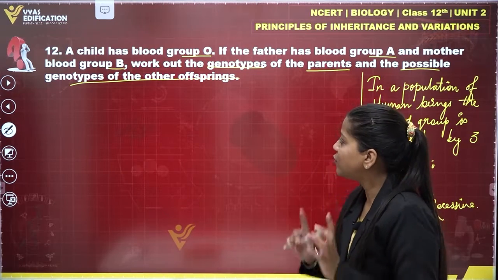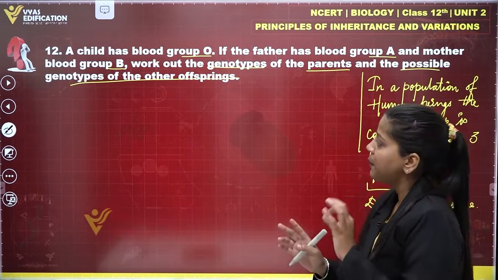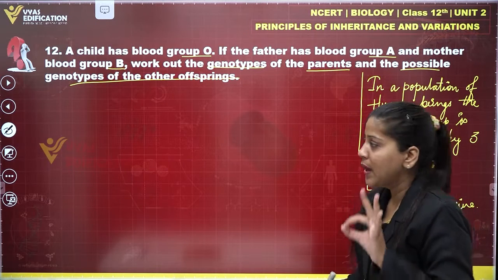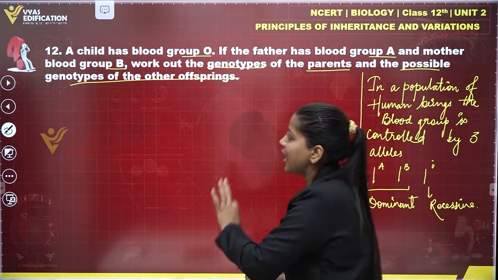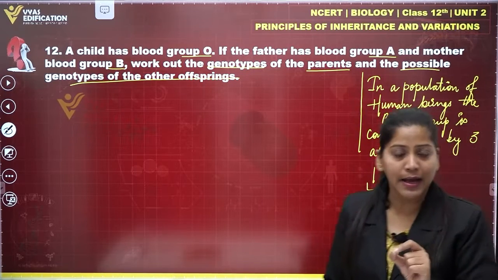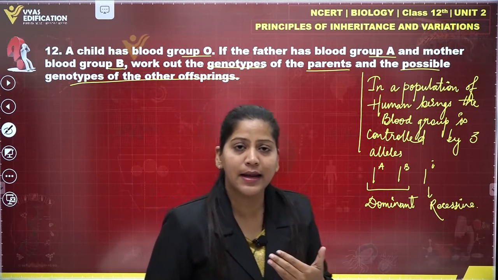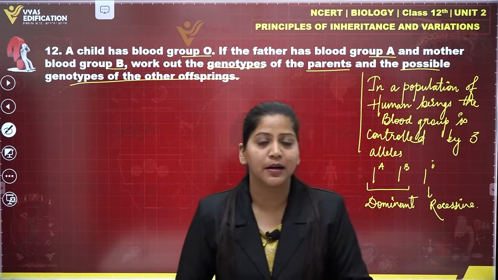Alright, now let's move again to the question. If a child is having blood group O, then it must have received allele i from one parent and also another allele i from the other parent.